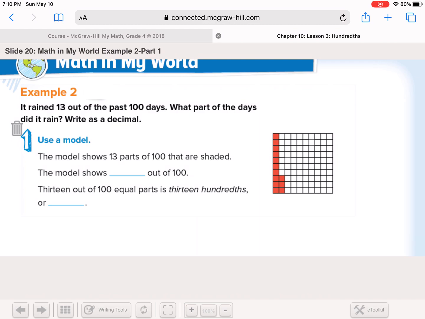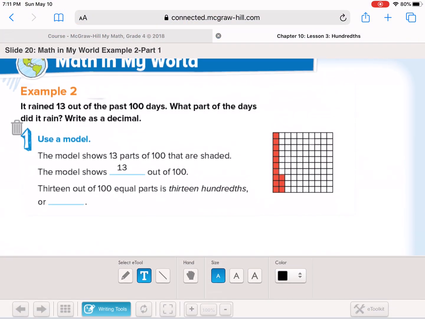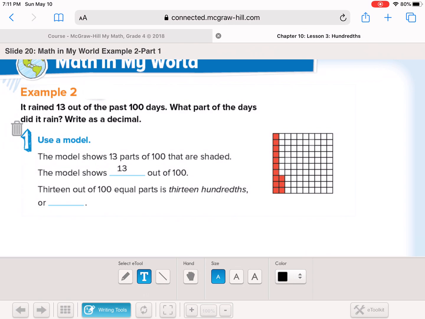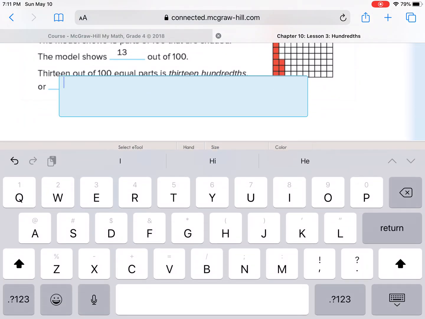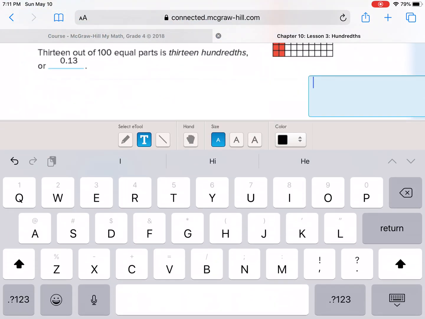The model shows 13 parts out of 100 that are shaded. 13 out of 100 equal parts is 13 hundredths, or 0.13, okay?